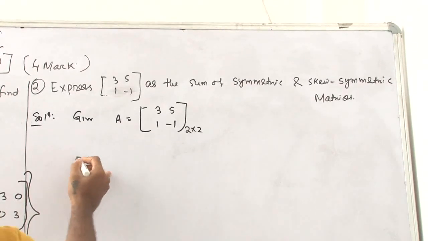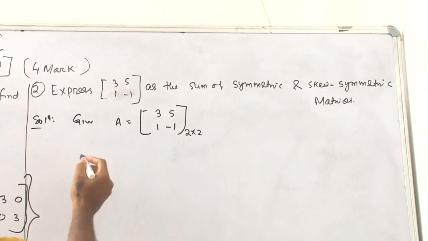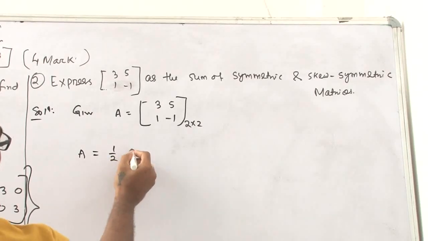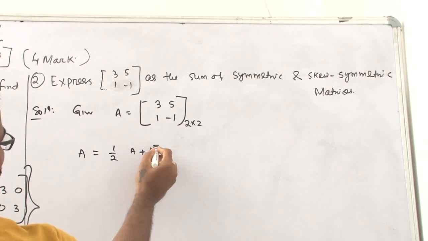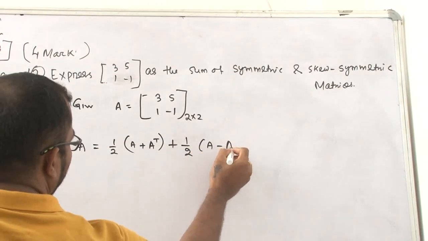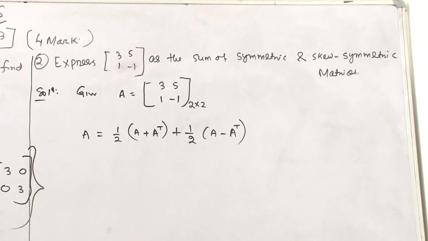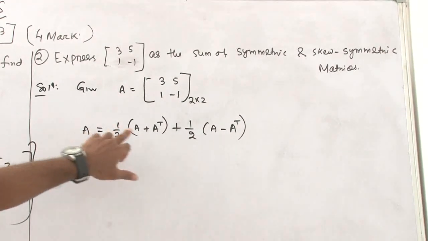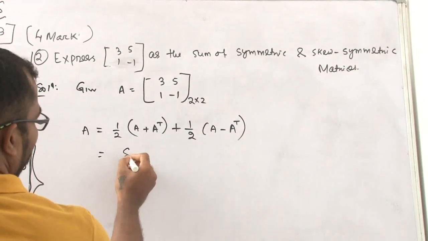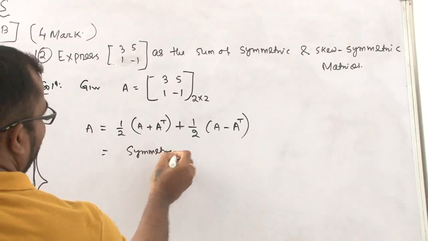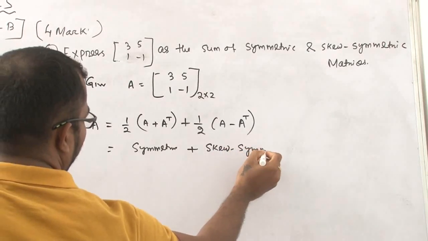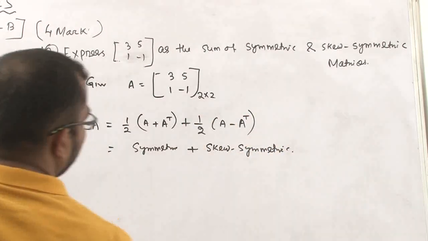Now, as we know from the theorem of symmetric and skew symmetric, every matrix A can be expressed as half of A plus transpose of A, plus half of A minus transpose of A. That means A can be expressed this way, and the first term is called symmetric and the second expression is skew symmetric, as you know in the theorem.